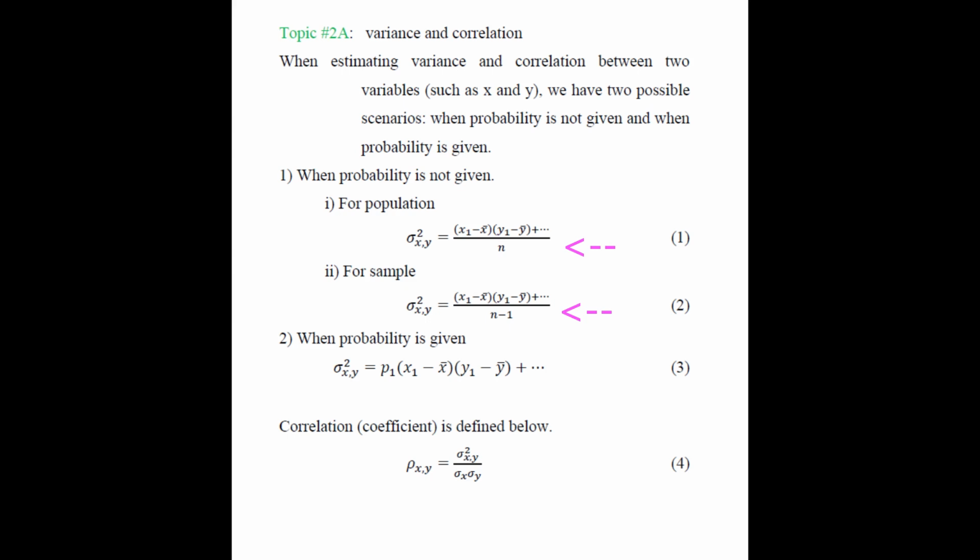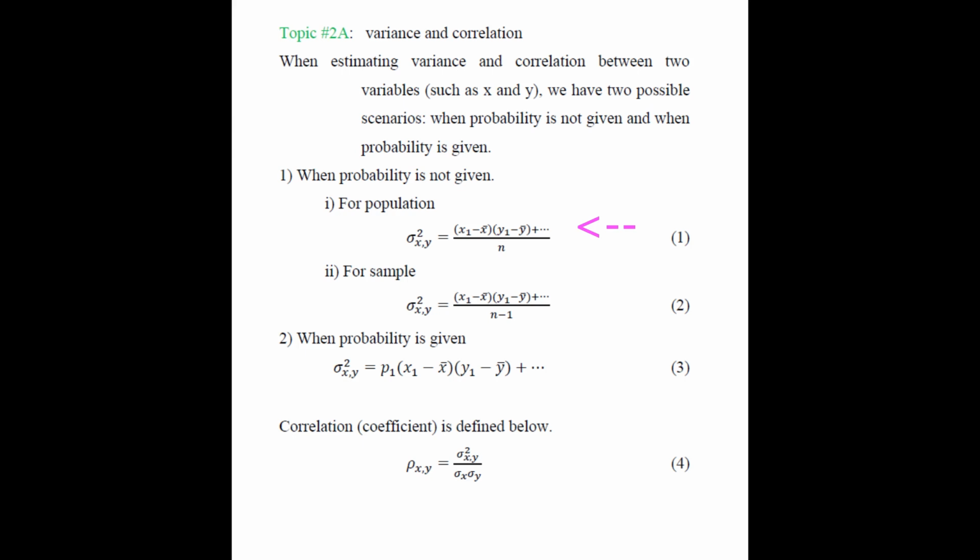Look at equation number 1. I only list the first product. So actually, it is the summation of all the products of deviations. Deviation 1 from x times deviation 1 from y, plus deviation 2 from x times deviation 2 from y.